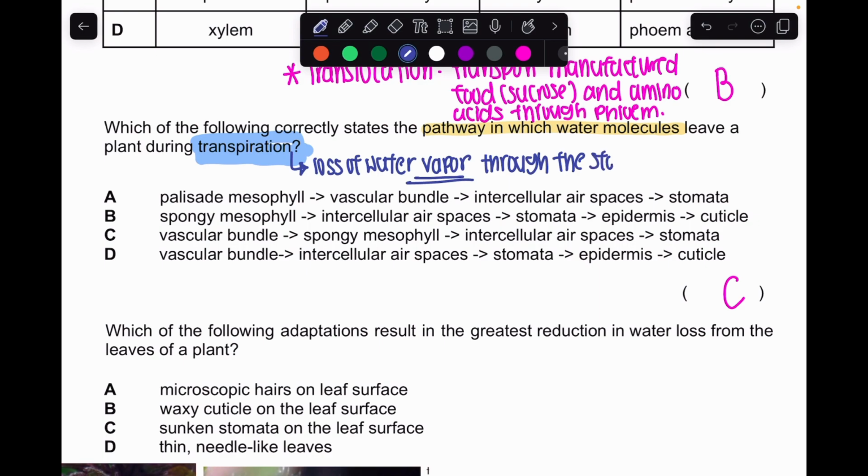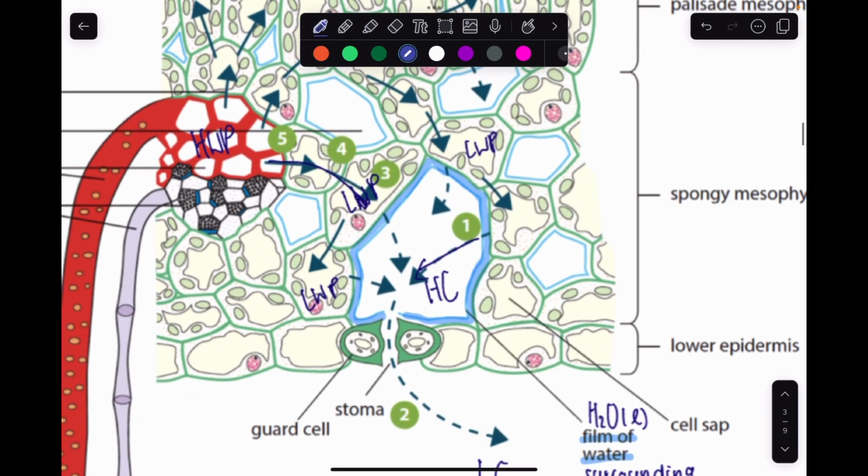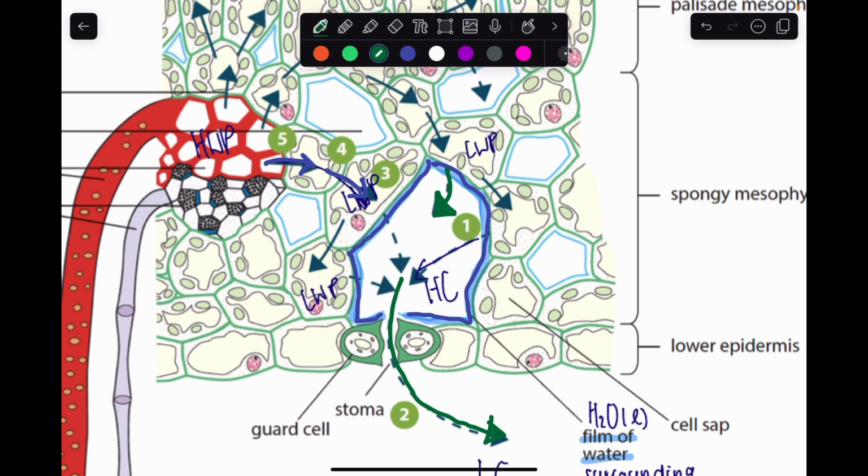Okay, so at this point, let me bring you back to your notes. When we think about transpiration, we think about how water moves out from the xylem, passes through the spongy mesophyll, and then leaks out into this thin film of moisture around the spongy mesophyll. Then water will evaporate, so the important word here is evaporation, into water vapor, and the water vapor will diffuse out of the stomata.